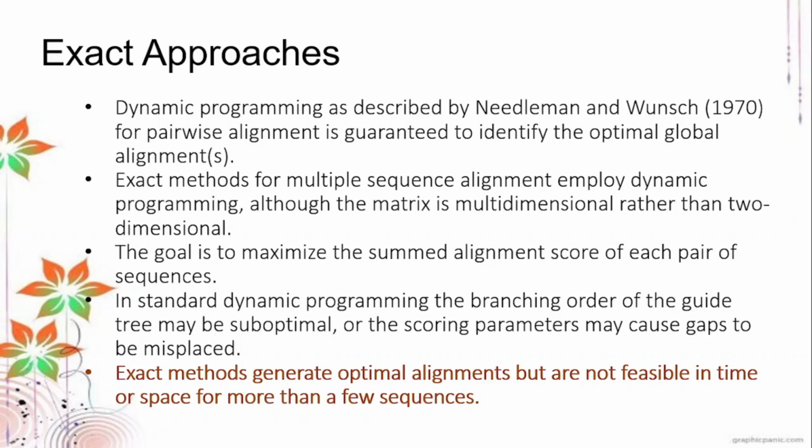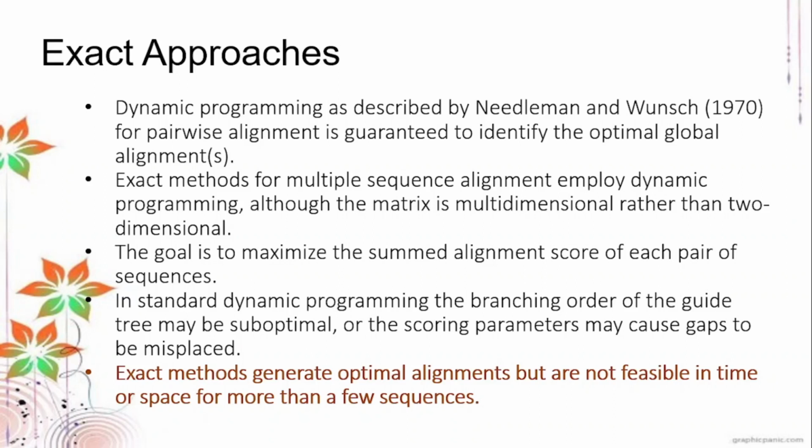That means if you are aligning 3 sequences, you are going to use a 3-dimensional matrix. If you have 4 sequences, you will have a 4-dimensional matrix, and so on as you increase the number of sequences. So in the exact approaches, this is the most computationally intensive because your goal here is to maximize the sum of alignment scores of each pair of your sequences.